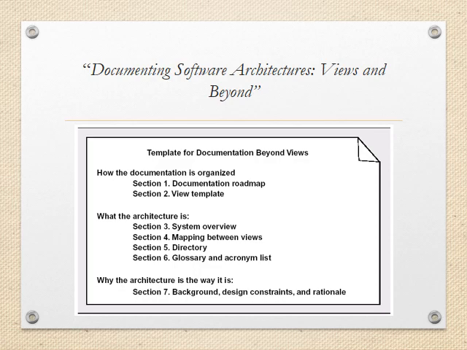In section number 7, or part number 7, the other information, we can answer how the documentation is organized: documentation roadmap, review templates, also what the architecture is, system overview, mapping between views, directory, glossary and acronym list will be listed. Why the architecture is the way it is. Section number 7 presents background, design constraints, and rationale for each part of the views.